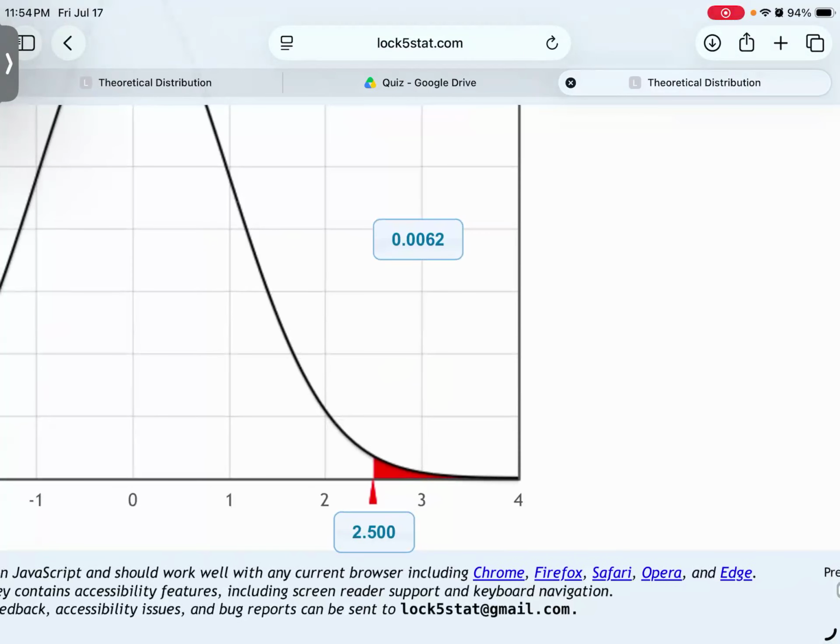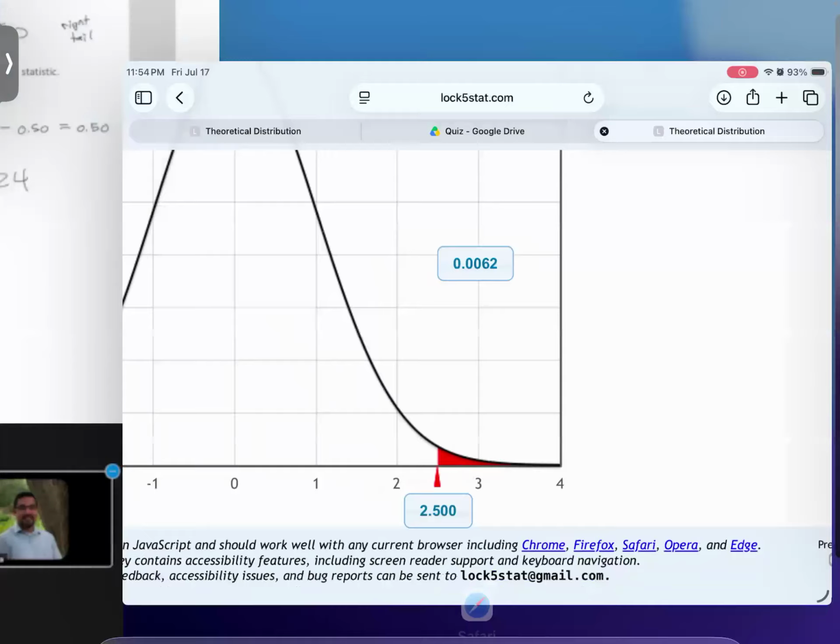There's our p-value. Now, if you haven't done the conclusions yet and you're seeing the 0.0062, that will sometimes be on test 3, test 4, whenever they just give you the p-value and you just have to use it. So let's say this was just given to you. What would you do? Would you reject H0? Would you not reject H0?